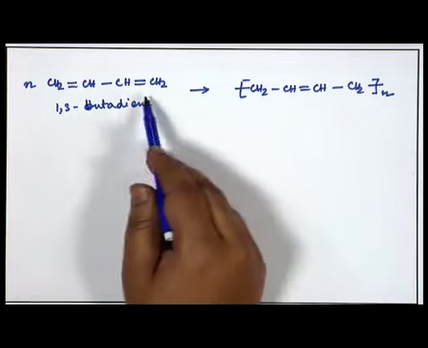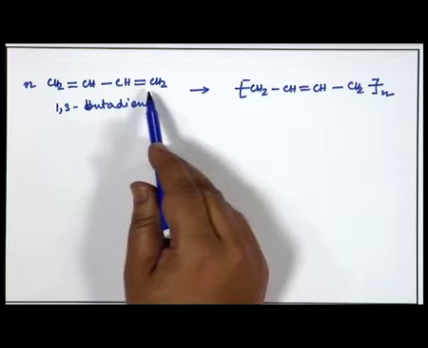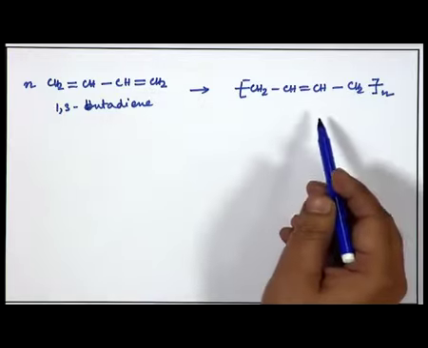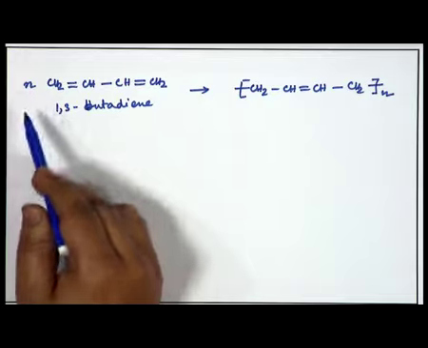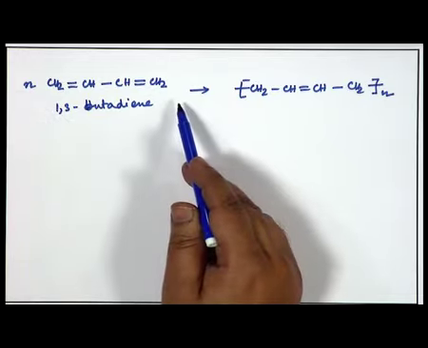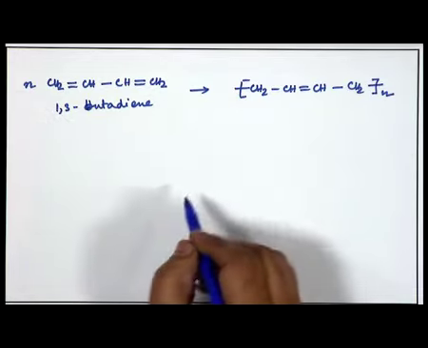So, in this case it is basically the addition of monomers one after one. We have written n, so n number of monomers adding up.